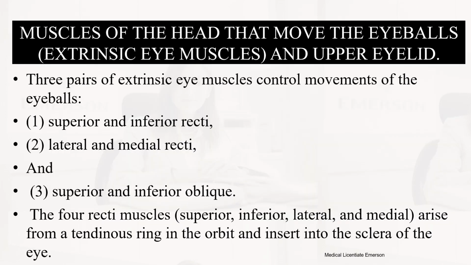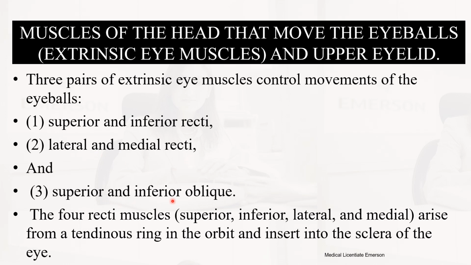So let's continue. Now let's go to the muscles of the head that move the eyeballs, which are the extrinsic eye muscles and the upper eyelid. There are three pairs of extrinsic eye muscles that control the movement of the eye. Number one, the superior and inferior recti. Number two, the lateral and medial recti.